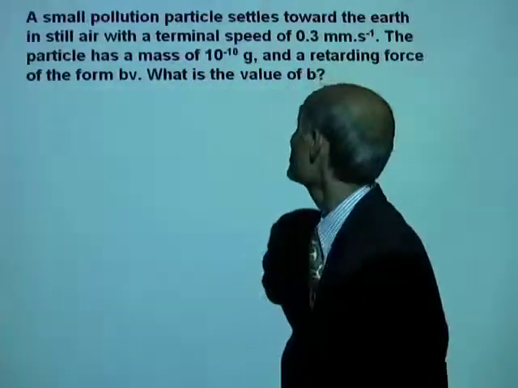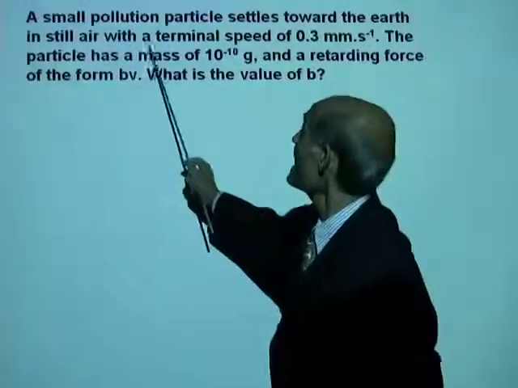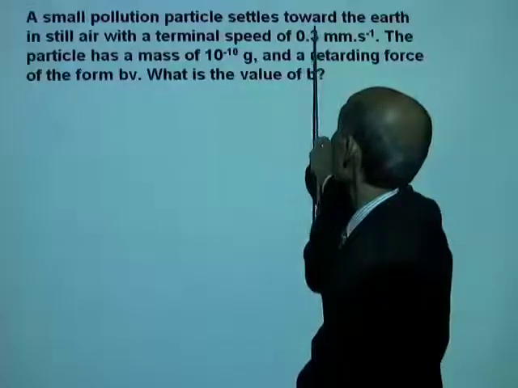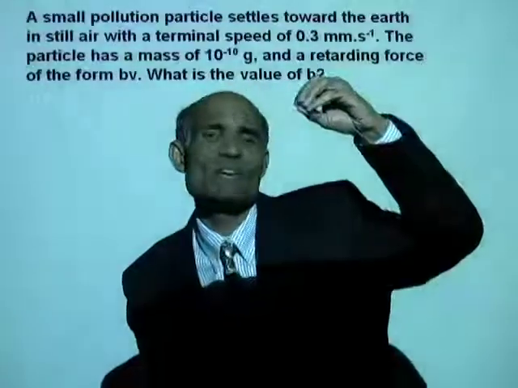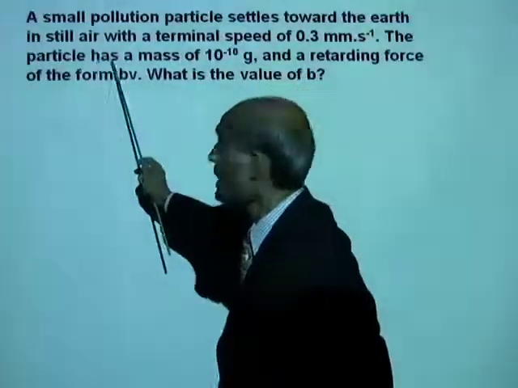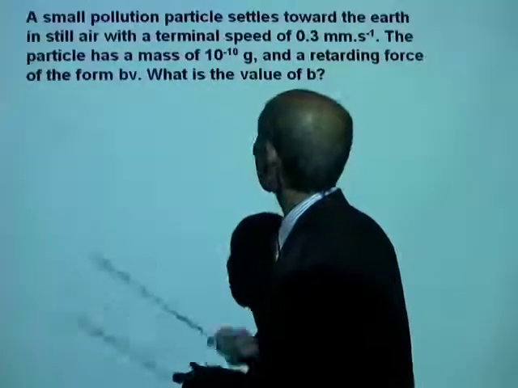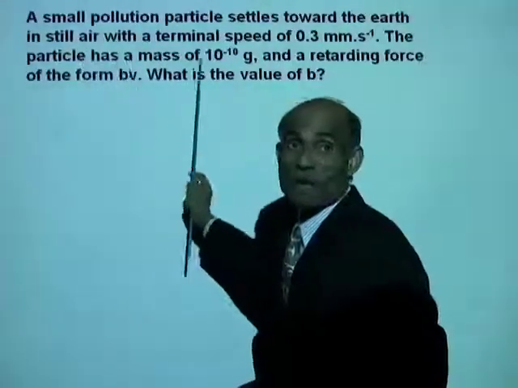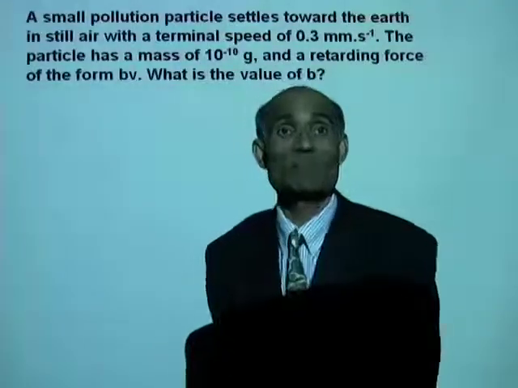A small pollution particle settles towards the earth in still air with a terminal speed of 0.3 millimeter per second, very slowly. The mass of that particle is 10 to the power of negative 10 gram.